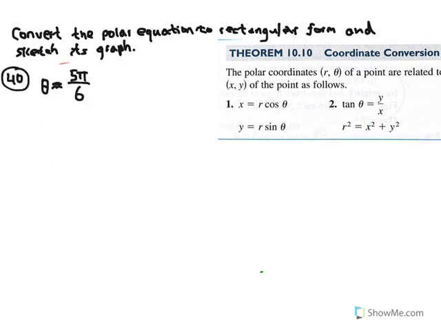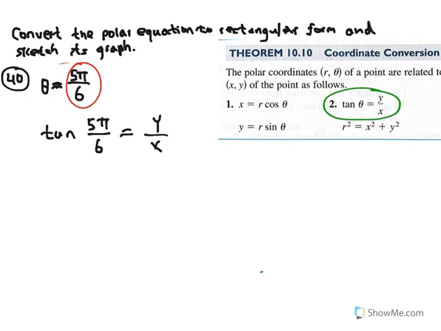So now we have number 40, convert the polar equation to rectangular form and sketch its graph. Theta is equal to 5 pi over 6. To convert this polar equation into rectangular form, you're going to use this coordinate conversion equation. We begin by taking the tangent of theta. We know theta, and the tangent of theta is y over x.